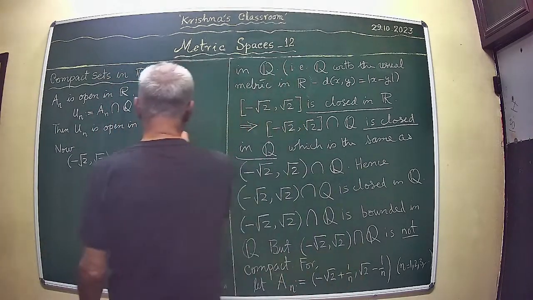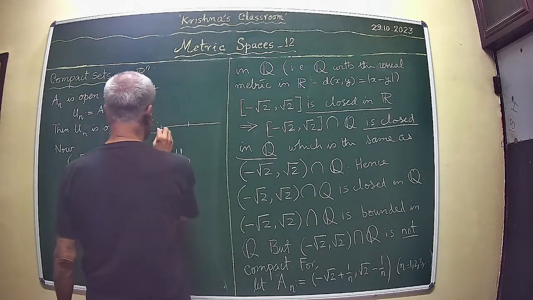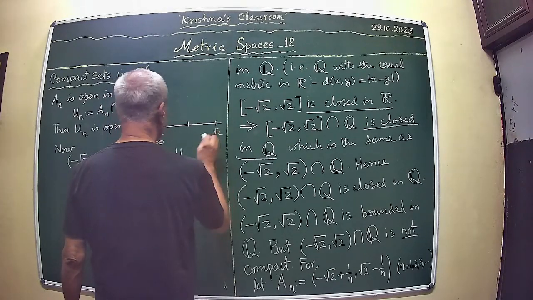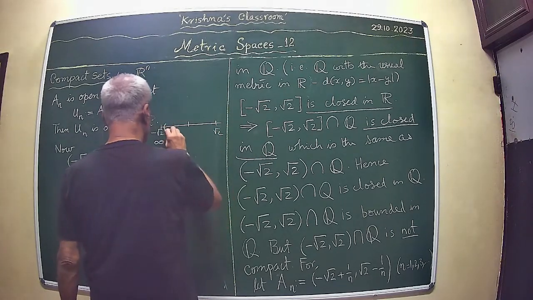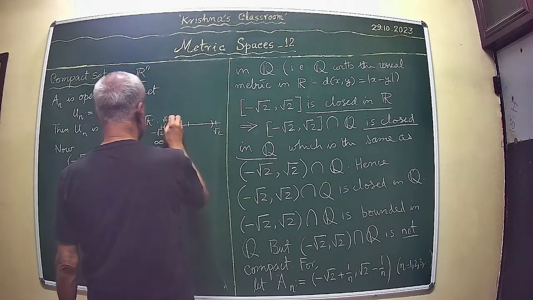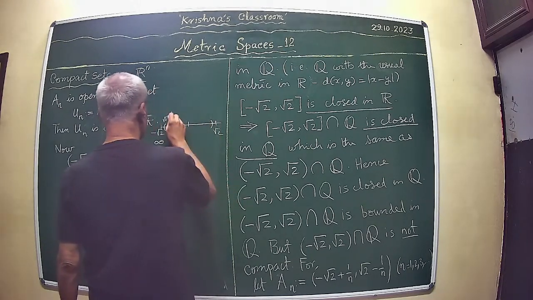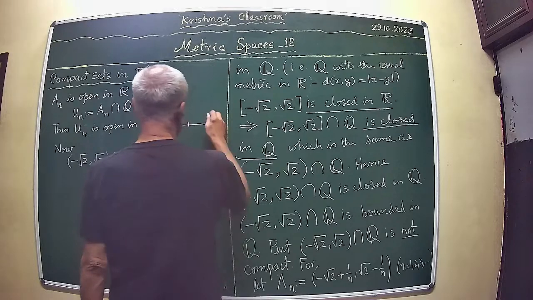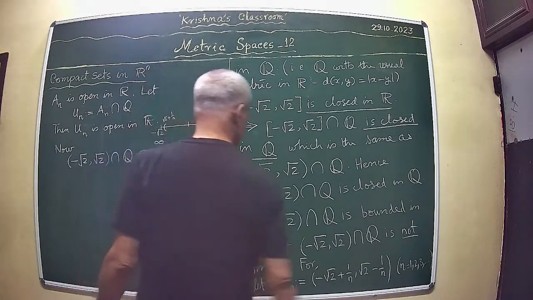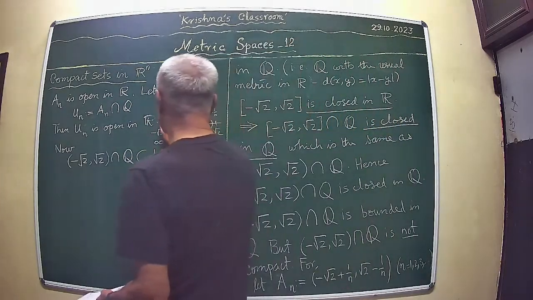See, this is what is happening. Minus root 2 plus root 2, and what you are taking is root 2 minus 1 by n, and root 2 plus 1 by n.